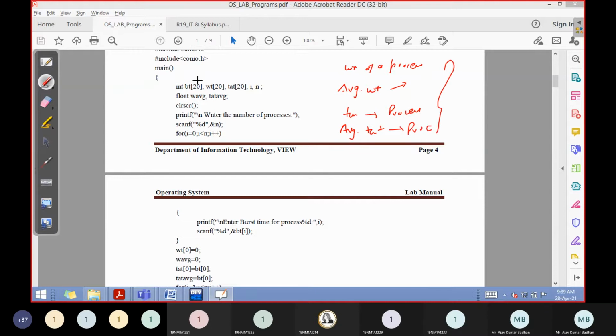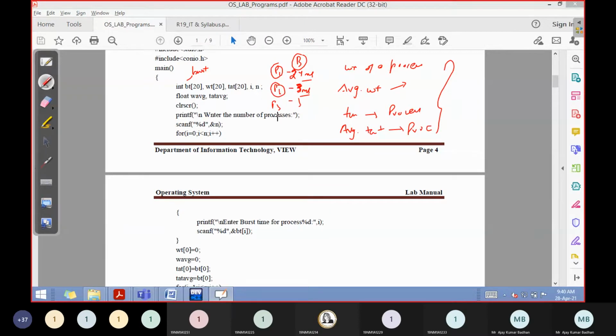So int bt[20], where bt is nothing but the burst time. Every process will be given a burst time. P1, P2, P3: 24, 3, 3. This is the burst time. What I mean by burst time is how much time a particular process is going to use the CPU. 24 is the burst time, meaning for 24 milliseconds this process will be occupying the CPU for completion of the work assigned to P1. In the same way for P2 we have 3, which means 3 milliseconds; for 3 milliseconds the process P2 will be executing.